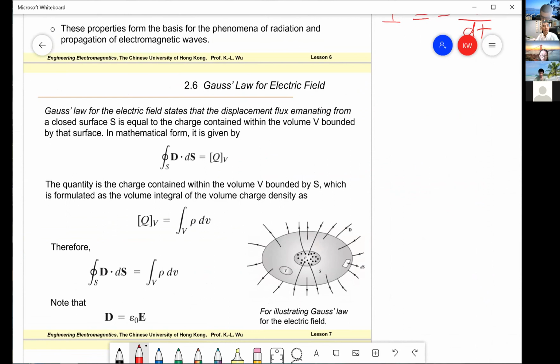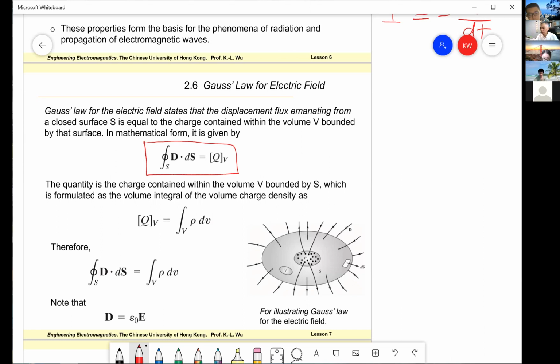Let's continue the integral form. Then next hour we discuss the differential form. We also can experimentally find another important relation: the total flux of the electrical field equals the total charge included inside this closed surface.